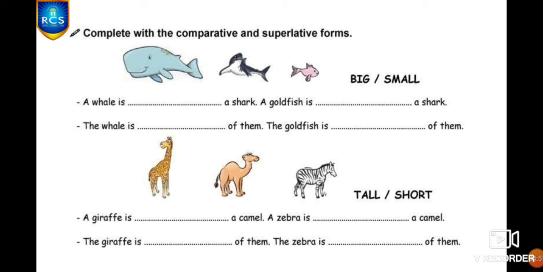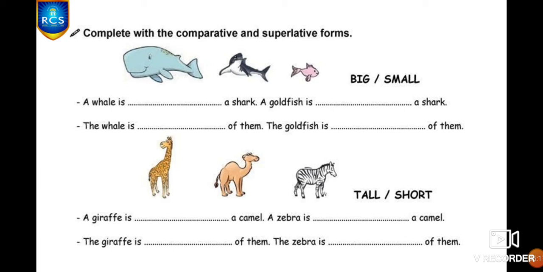Here they have given you many different questions based on the pictures, and they have also given you the adjectives, and you have to use suitable adjectives in the blanks. A whale is dash a shark. What do we have to use here, children? A whale is bigger than a shark.